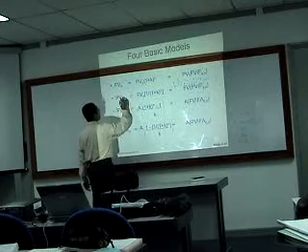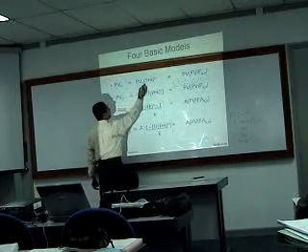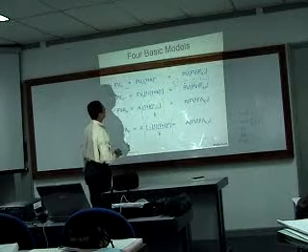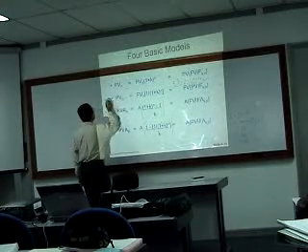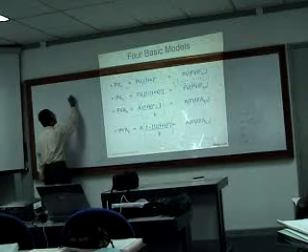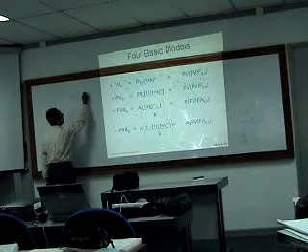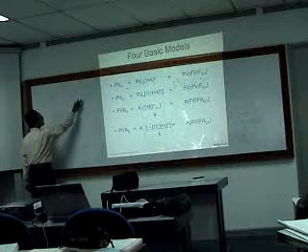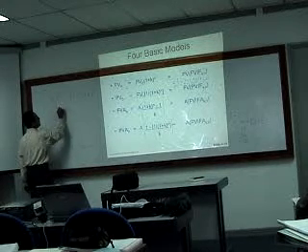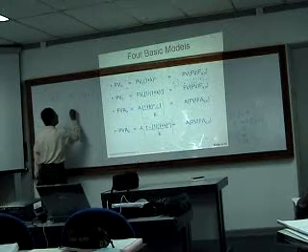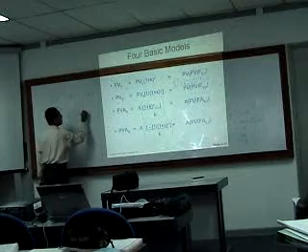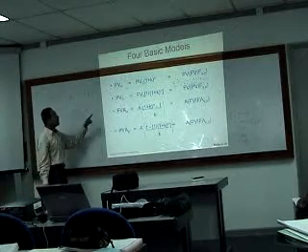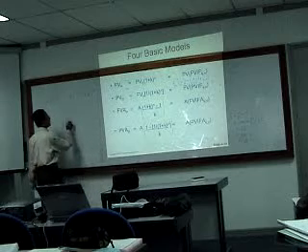We transfer this down here, so we get present value times (1 plus K) equals future value, and transferring it down, present value equals future value divided by (1 plus K). Then we simplify this, it will become this.